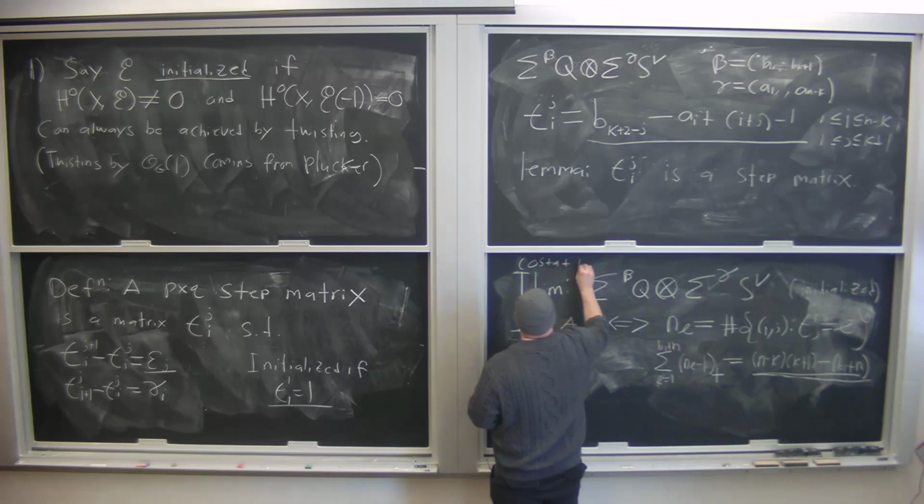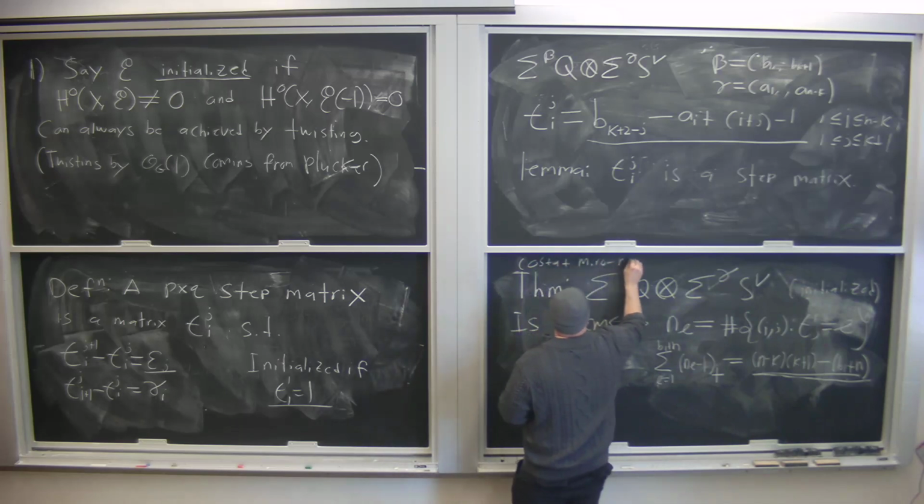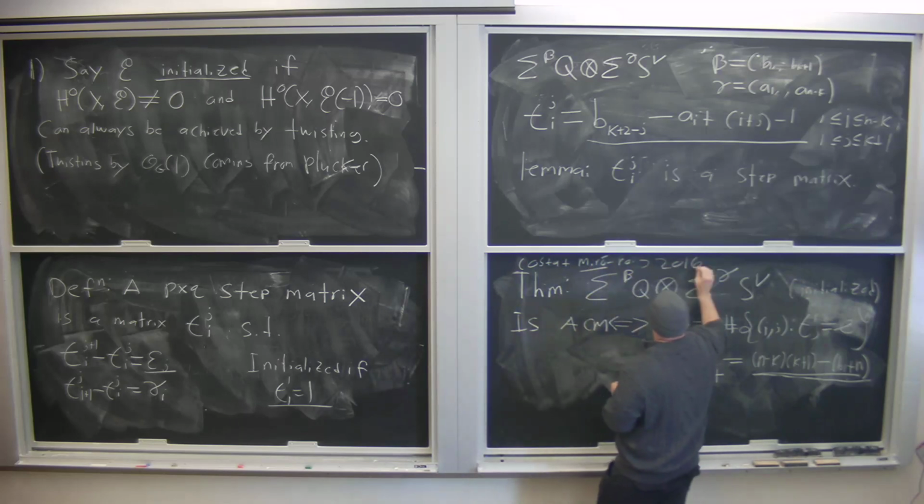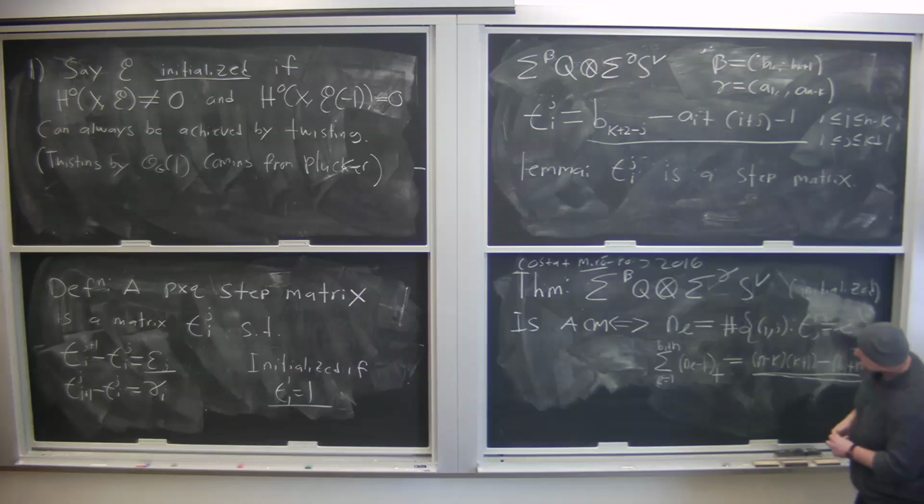So this is Costa and Miró-Roig again, 2016. So this is the case of the Grassmannian.